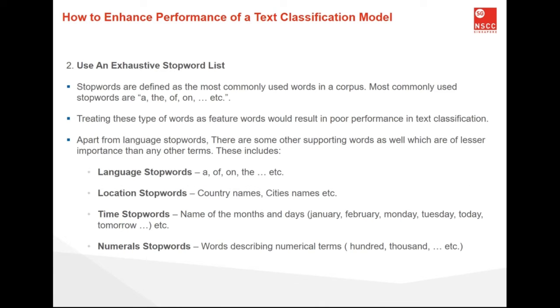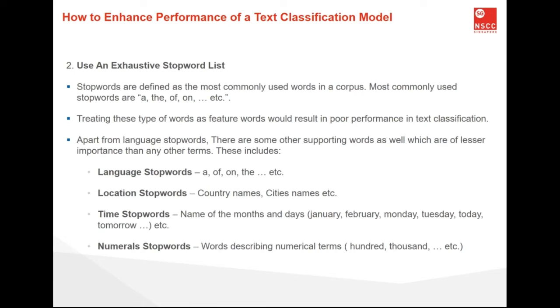The second best practice is always use an exhaustive stop word list. Stop words are defined as the most commonly used words in the corpus. Most commonly used stop words are a, the, of, on, etc. These words are used to define the structure of a sentence, but they are of no use in defining the context. Treating these types of words as feature words would result in poor performance in text classification.